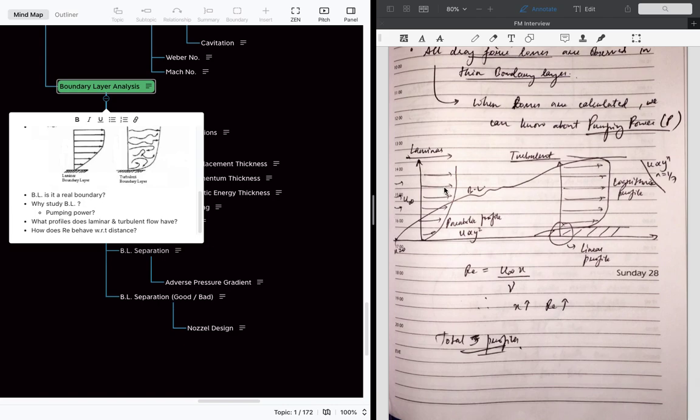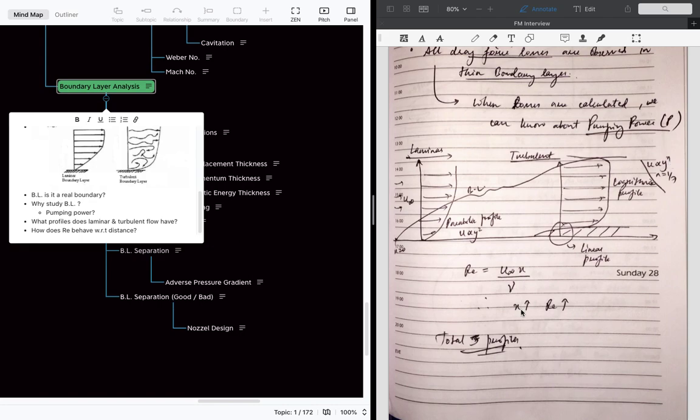So as we know, velocity profiles are created in this boundary layer. For laminar flow, it is a parabolic profile in which the velocity is directly proportional to y square, that is the y direction. And for turbulent flow, it is a logarithmic profile, and the velocity is directly proportional to y to the power n, called the power law, where n is equal to 1 by 7.